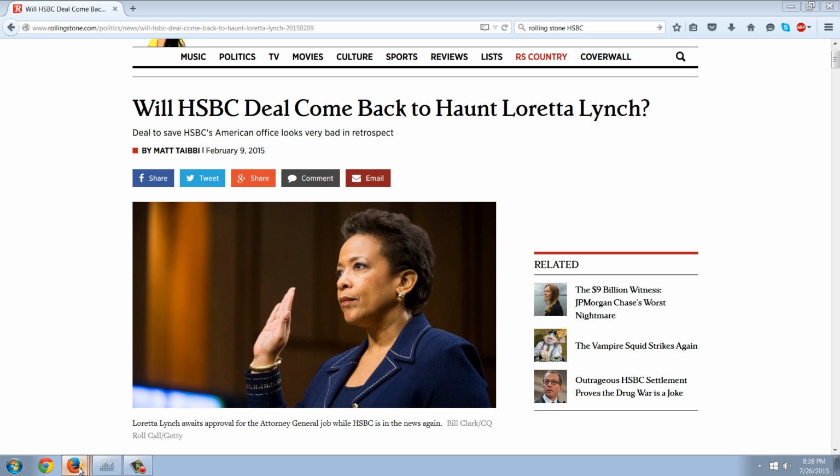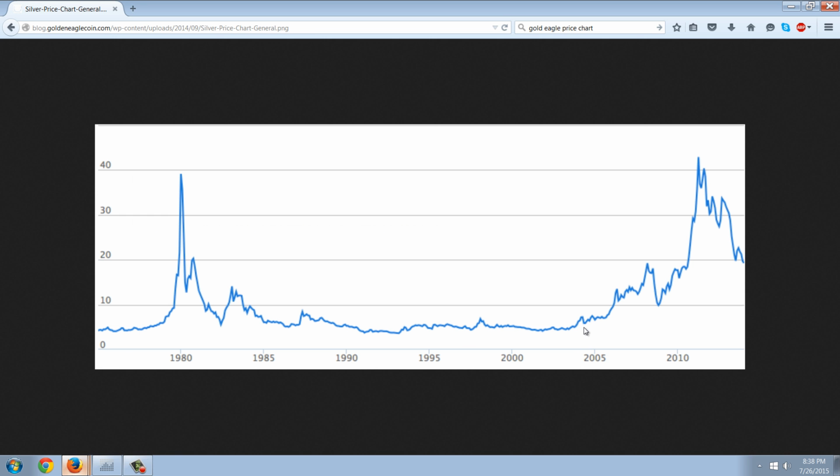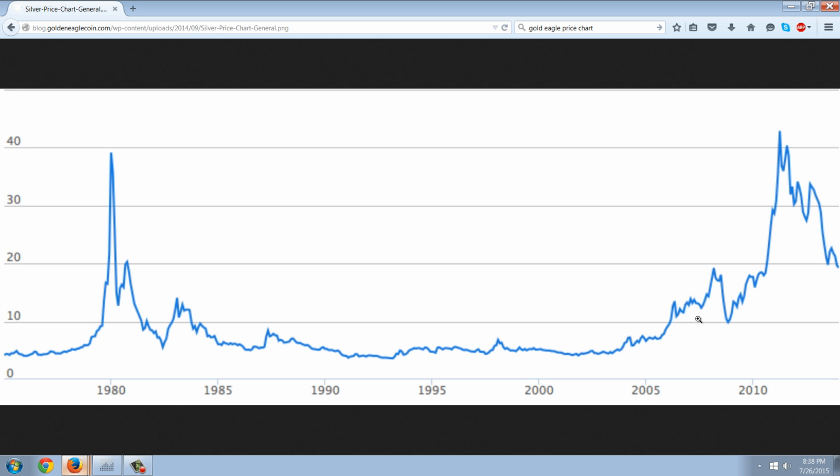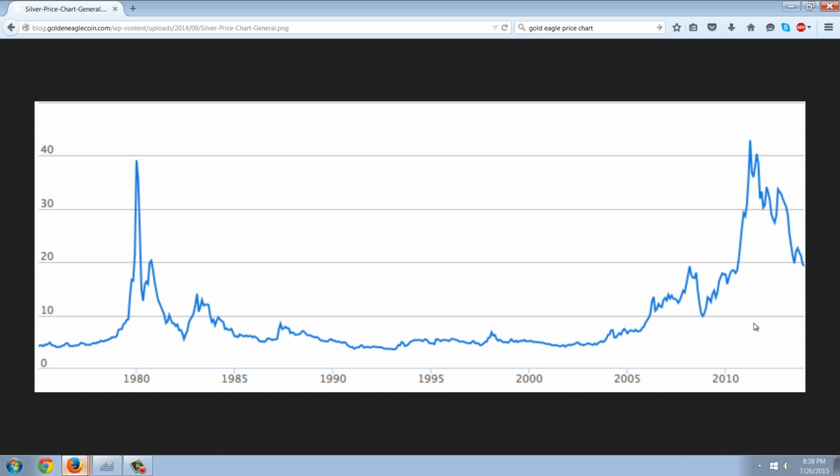Now, last thing I wanted to talk about here is that silver price chart. I just want to try to make an inflation-adjusted estimate here of where we've come from and where we're going. So there's a lot of points you can pick on here. One that really stood out to me is the $10 level.